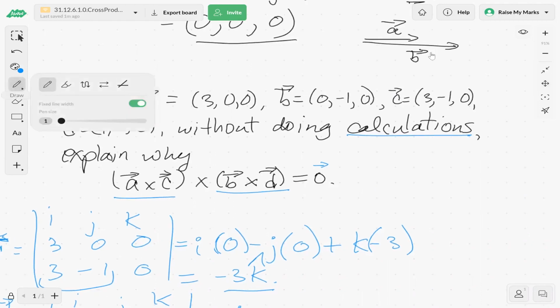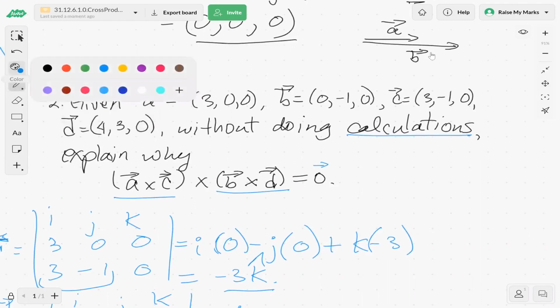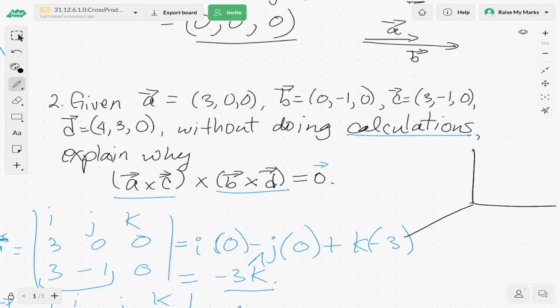So let's draw that out if it's easier to see. Okay. So we have our axes, z, x, and y. All our vectors, A, B, C, and D, they all lie in this xy plane. Where exactly, I don't know, but that's okay. They all lie in this plane.